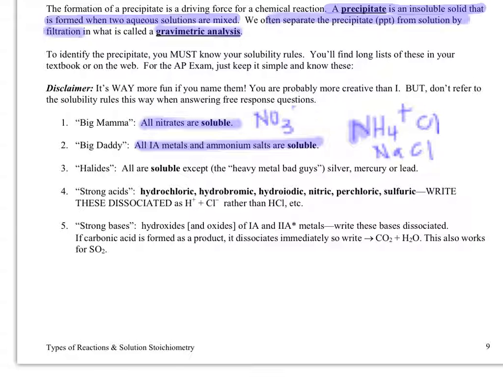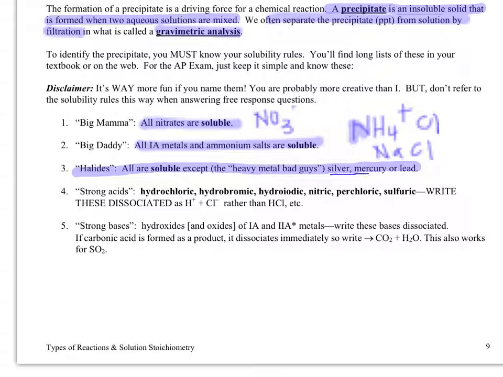Halides. All are soluble except the heavy metal bad guys, silver, mercury, or lead. Your halides are those group 7 elements: fluorine, chlorine, bromine, iodine. They're all soluble except for these heavy metals.